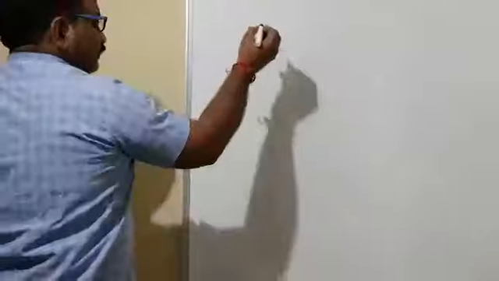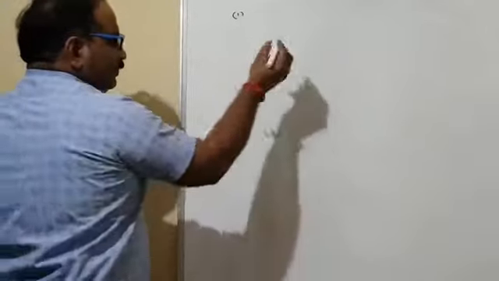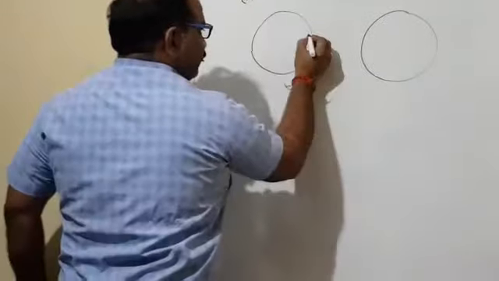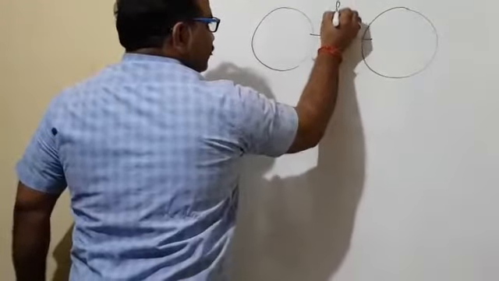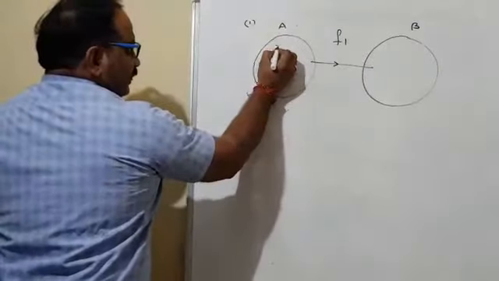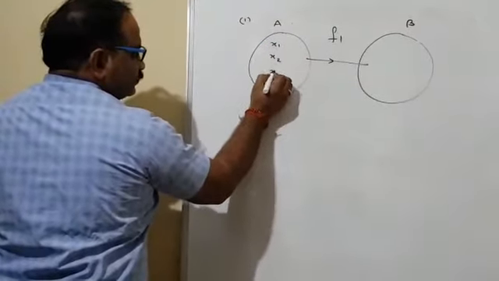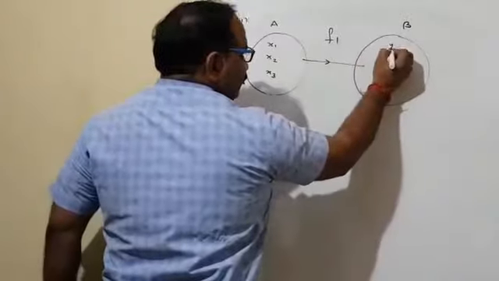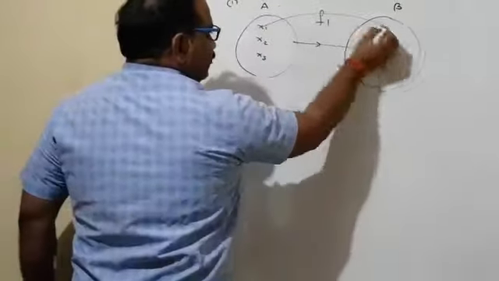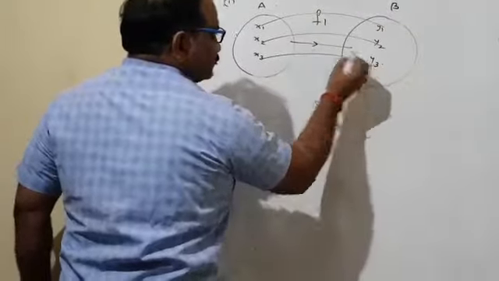Every diagram has its characteristic basis on different kinds of functions, so I am just sketching a few diagrams for the purpose. Say here is the function f1, it is set A and it is set B. I have the elements x1, x2, x3 and respectively y1, y2, y3, and connectivity is according to this.